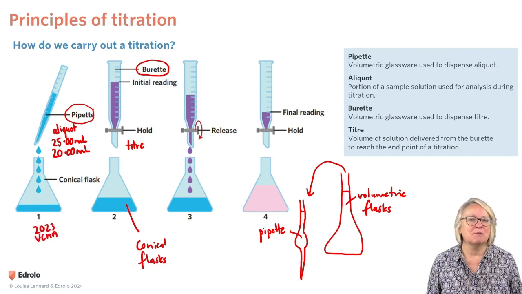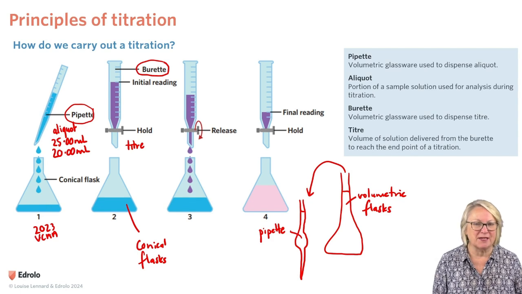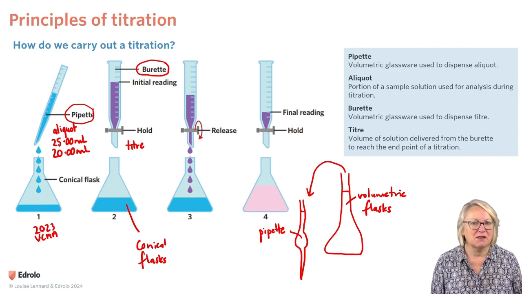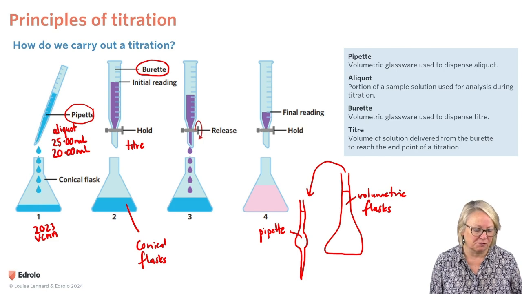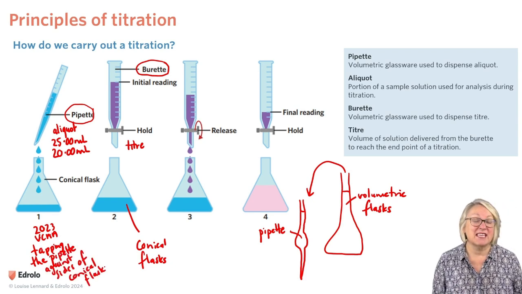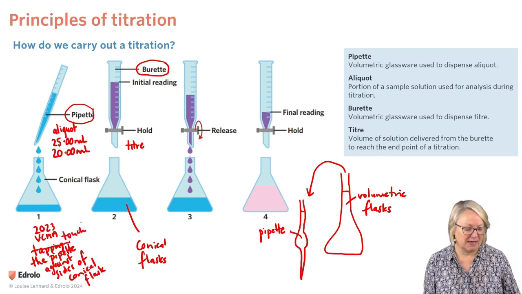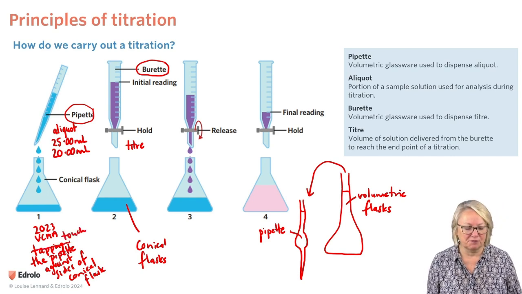There was actually a multiple choice question on the 2023 VCE exam that talked about the technique of using the pipette within the conical flask. The assessors decided to award the mark to everyone because it talked about tapping the pipette against the sides of the conical flask, whereas the actual technique says to touch the tip of the pipette against the conical flask.